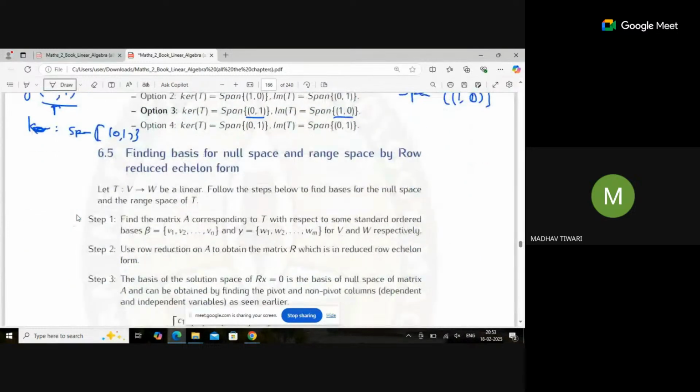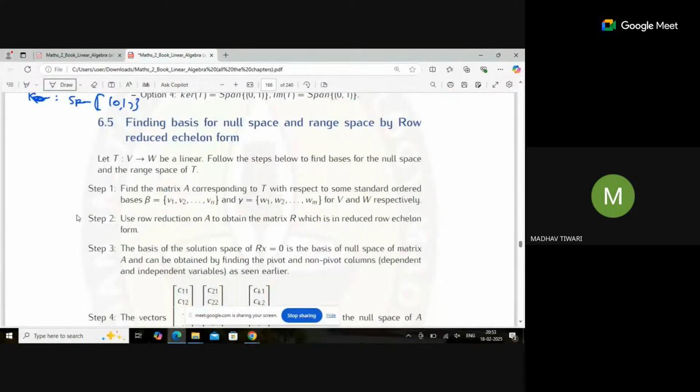So here is finding a basis for the null space and range space. If we want to find them, how can we do it? Here are some steps. Let's check them. It is saying that you are given a linear transformation from vector space V to vector space W, and follow these steps to find the null space or range space.